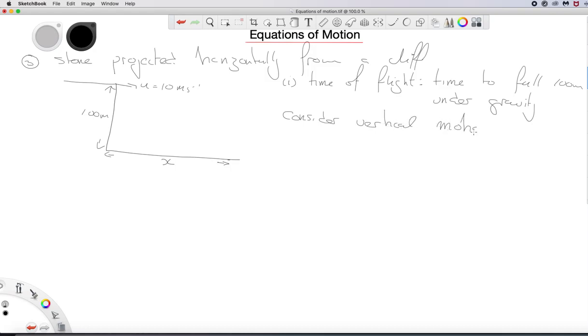Remembering we have to consider both in this scenario. So u equals 0 vertically. Let's make that uv. A is 9.81 because the velocity is increasing with time.